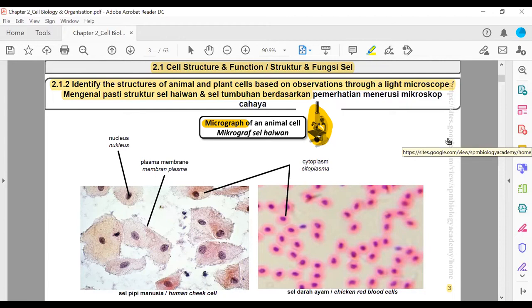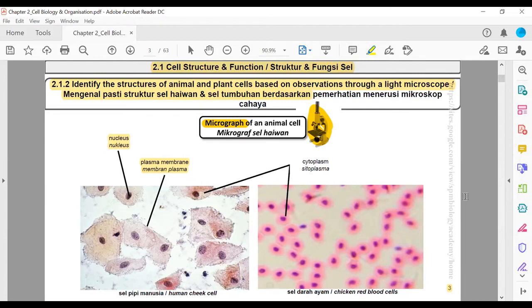That picture is called a micrograph. Okay, right? That is the meaning of micrograph. So this is an example of a micrograph, an example picture of an animal cell seen under the light microscope. What you can see: the nucleus, and the plasma membrane. Okay, for Form 4, in Form 1, Form 2, Form 3 you used cell membrane. For Form 4, we don't use cell membrane anymore. We use plasma membrane.